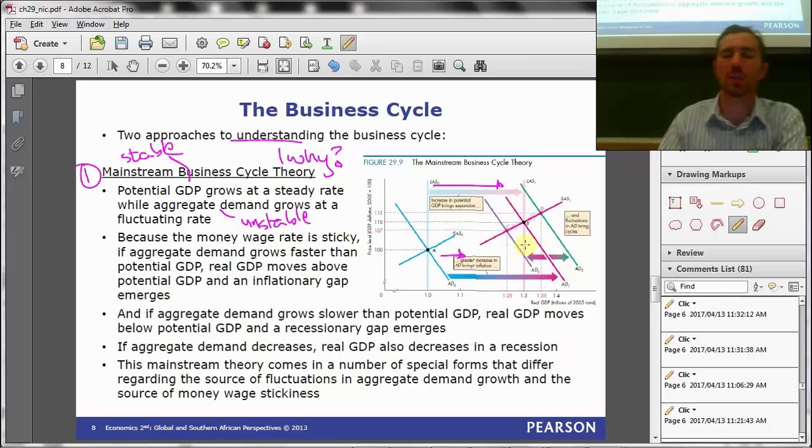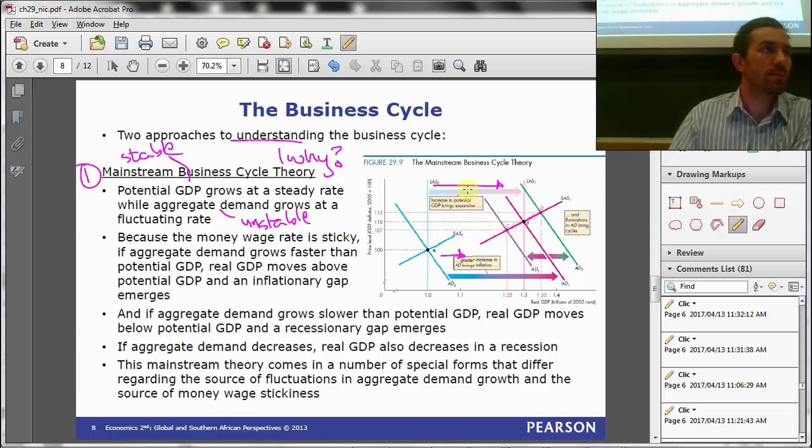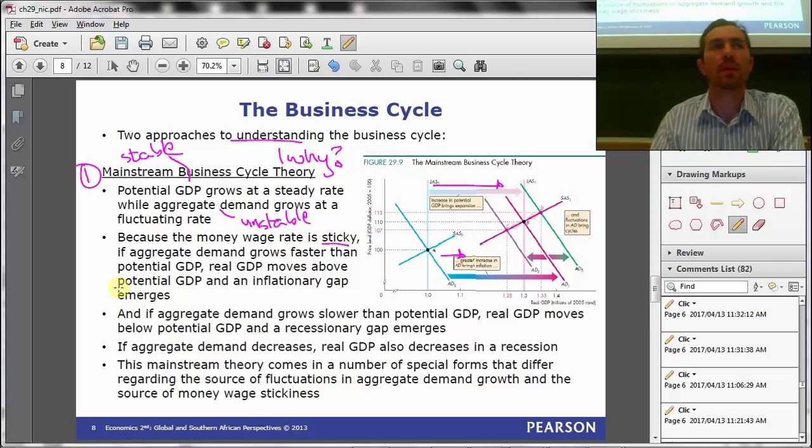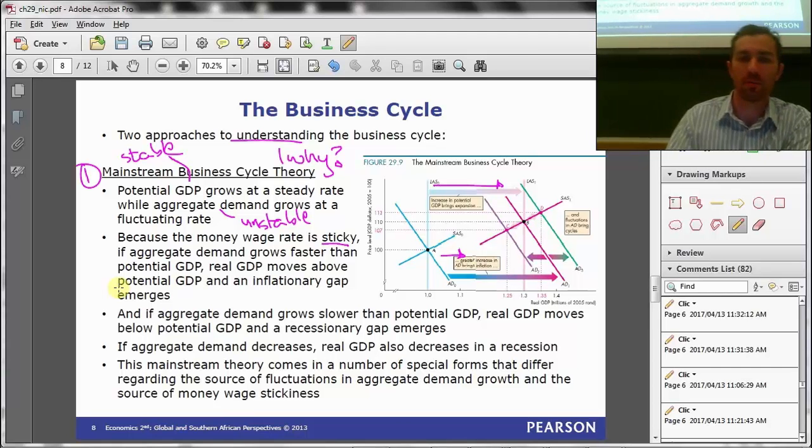Now the question is, how does aggregate demand grow relative to how aggregate supply grows? We've already described the fact that in reality, we know that the money wage rate, for example, tends to be fairly sticky. And there are numerous reasons why it's sticky. Wage contracts and negotiations influence that stickiness.